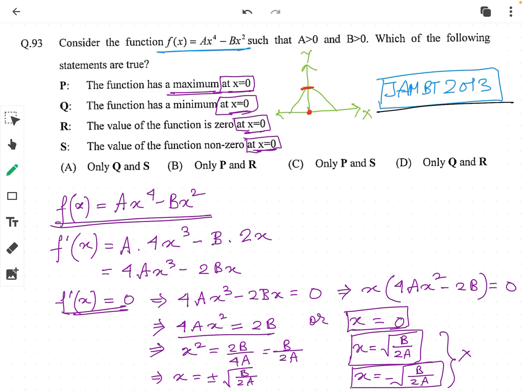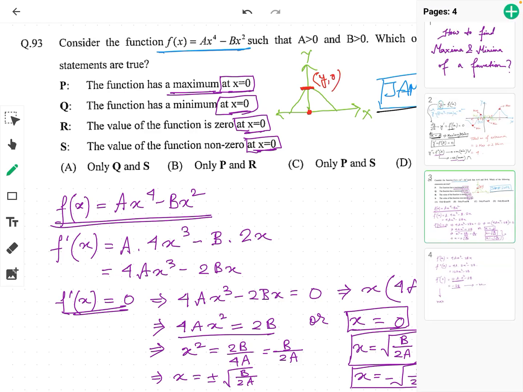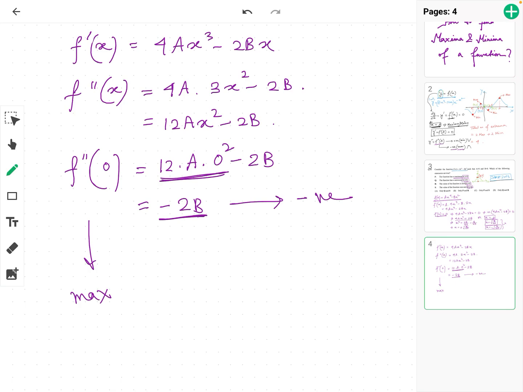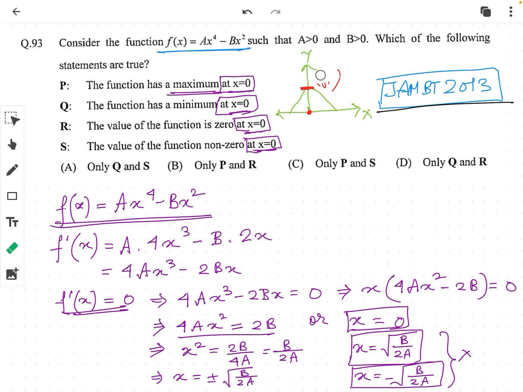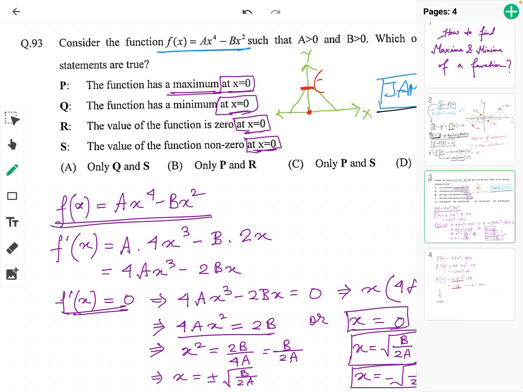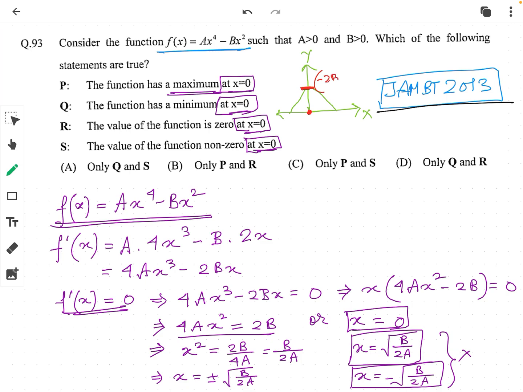This is x equals 0. So here whatever be the value of y, x is 0, and we have even found the value of y to be minus b, right? So here we can write this point, the maximum point is minus 2b comma 0.